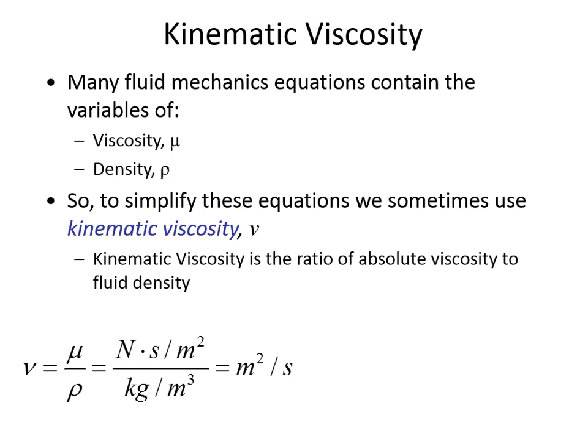And so air and water have very different viscosities, but they also have very different densities. And so kinematic viscosity is a way of trying to compare apples to apples, so to speak. If you have two fluids and they have radically different viscosities, part of that difference in viscosity might be due to their difference in density, and kinematic viscosity takes it into account.